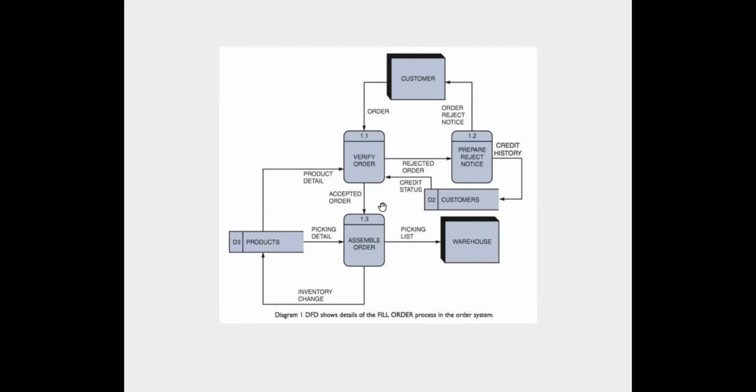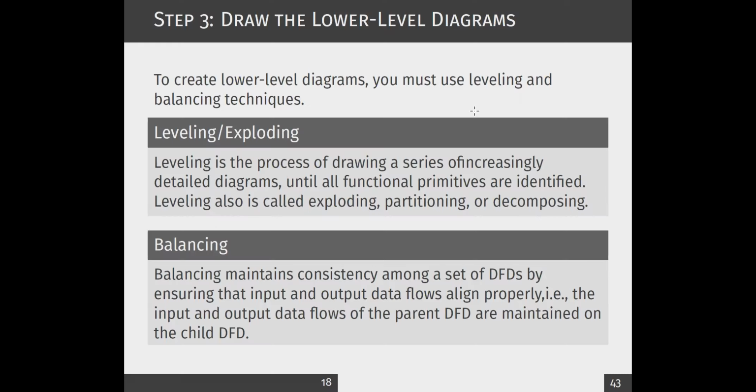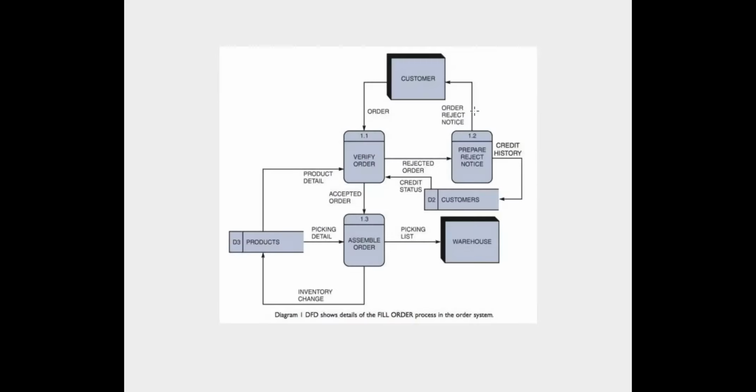You can see here it's now numbered 1.1, 1.2, and 1.3, which indicates that it's extending process 1 from the previous level. This time you can see more information about the sub-processes within the fill order.